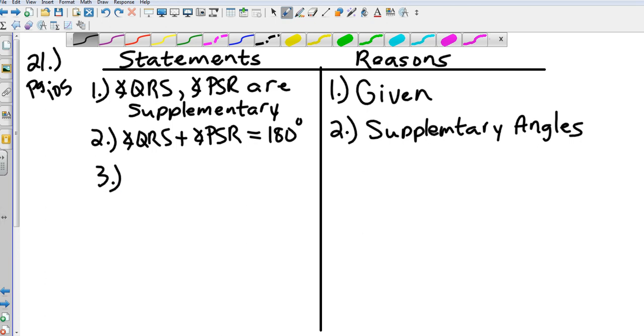Since QRL and QRS form a linear pair, that makes them supplementary as well.